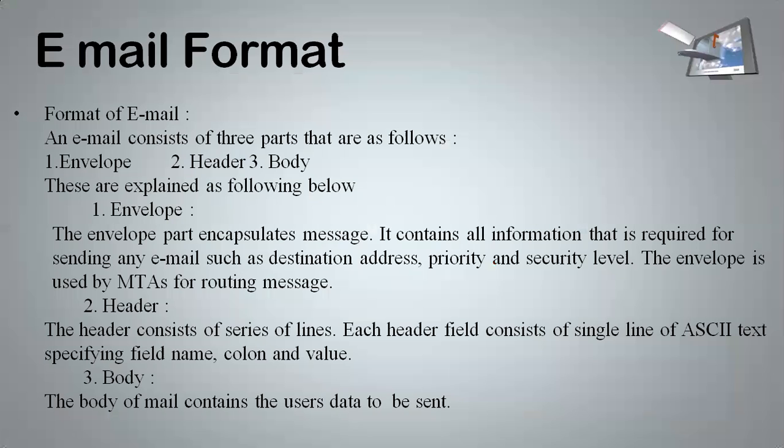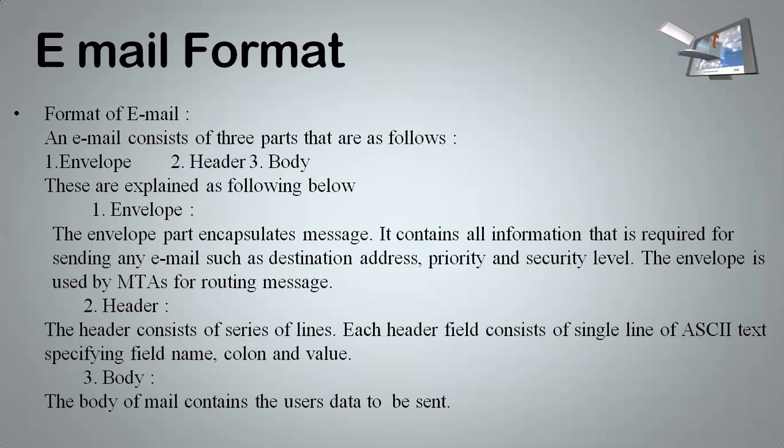Next, email format. The format of an email consists of three parts. The first part is the envelope, the second part is the header, and the third part is the body. The envelope of the mail contains all the information required for sending an email, such as destination address, priority, and security level.